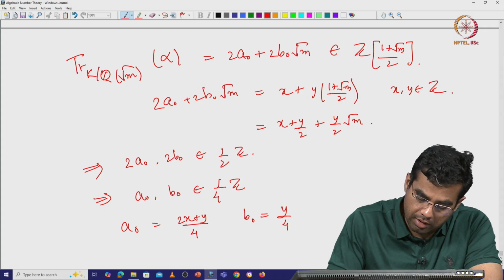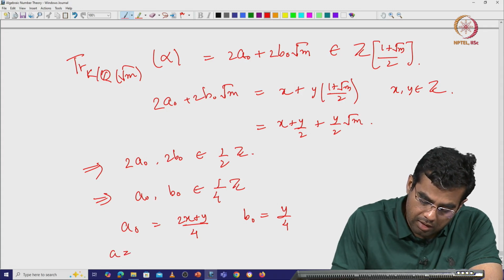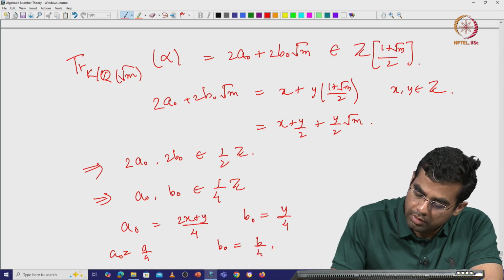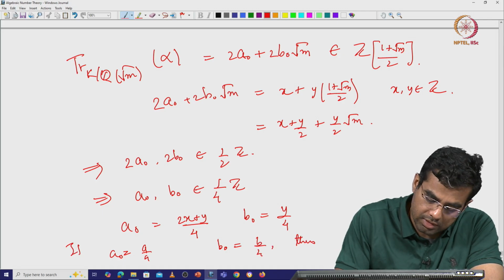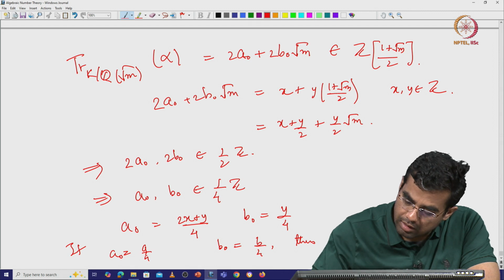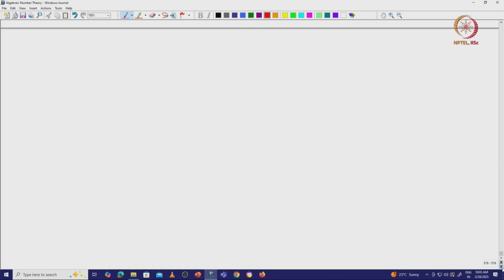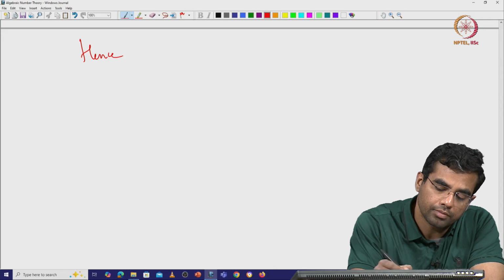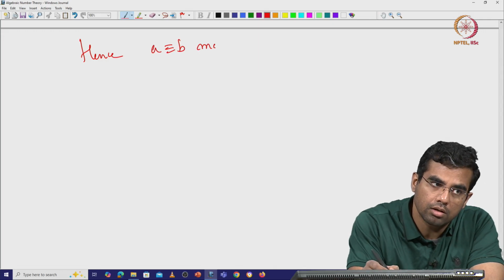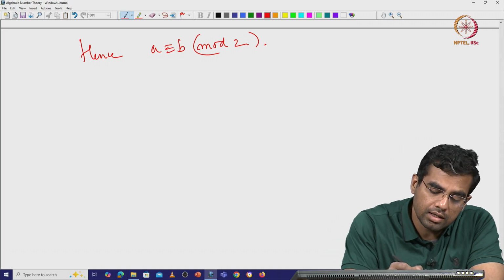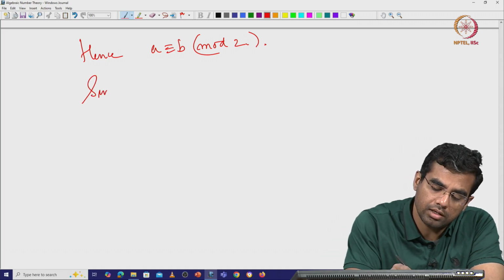And so if I write a0 as a/4 and b0 as b/4, then a is 2x + y and b is y, which means that a and b are congruent mod 2. So hence a is congruent to b mod 2, right. And then we can do the same thing.